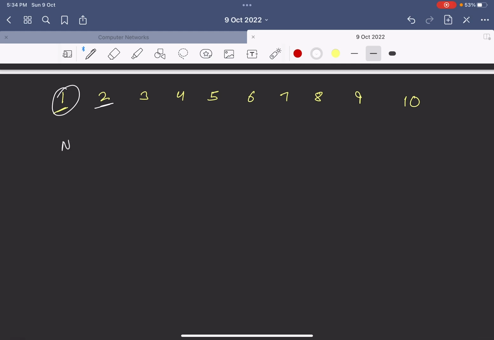So if n is 1, then the answer will be 2 minus 1, that is 1. If n is 2, then n itself is a prime, so I can simply return 0, the difference from it. If n is prime, then I'll simply return 2 minus 2, because the closest prime is itself, so the answer will be 0.